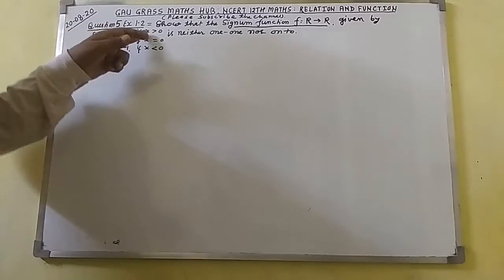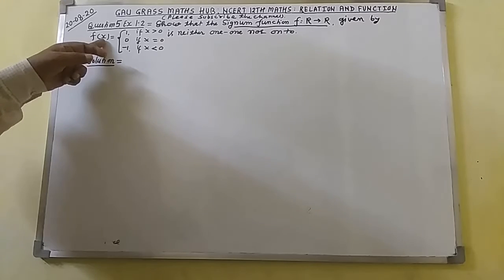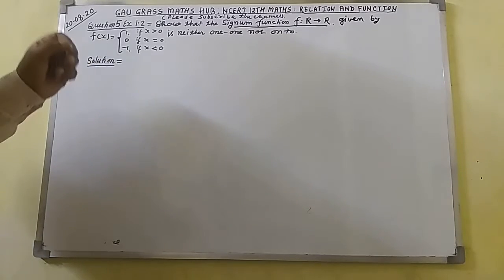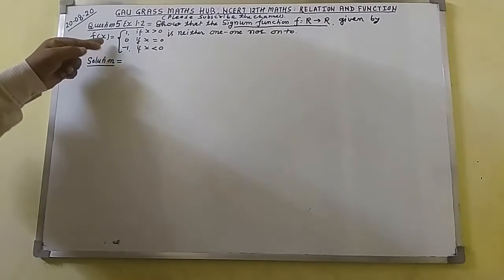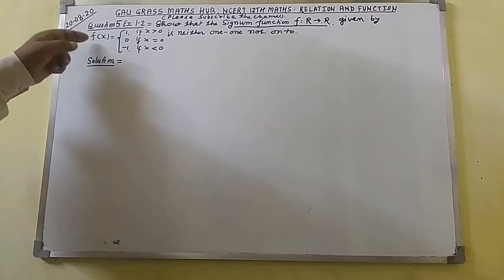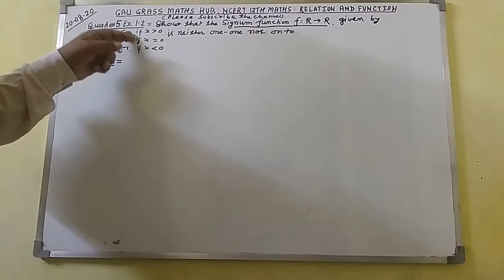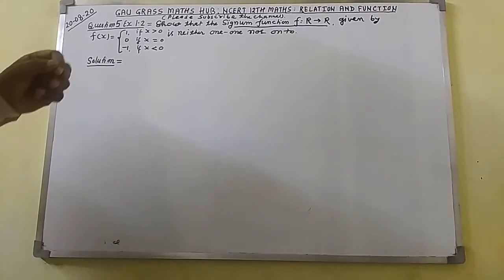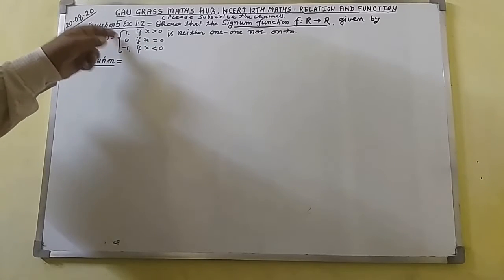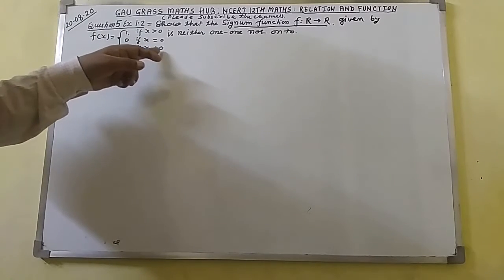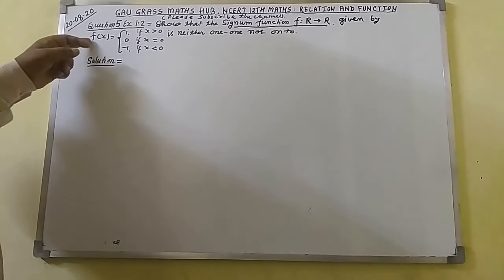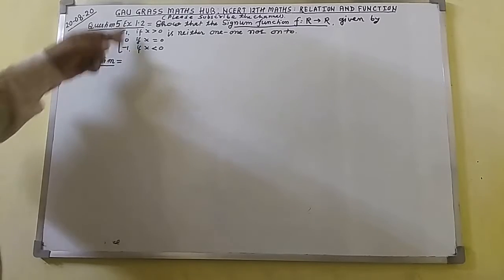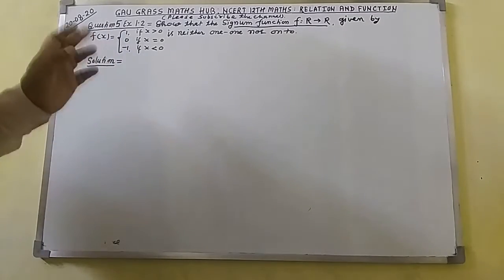So if the value of x is greater than 0, whatever value you take, f(x) will always be 1. If x = 0, f(x) = 0. If the value of x is less than 0, in all cases f(x) = -1. That's why this function is called the signum function.